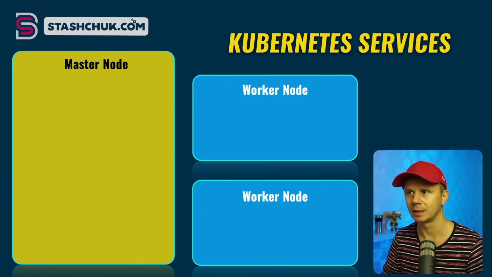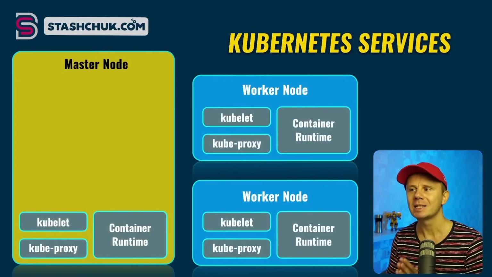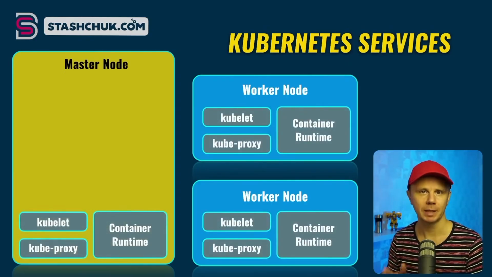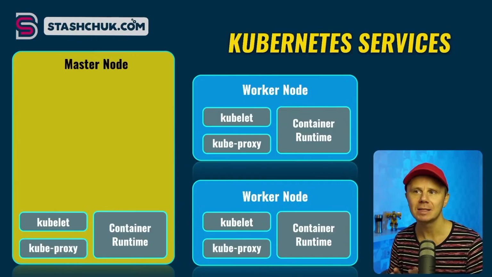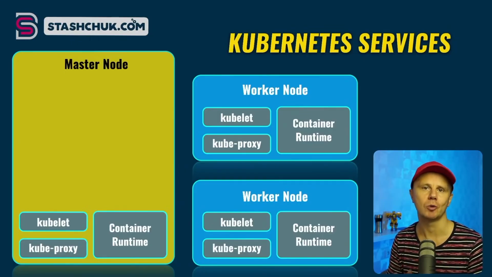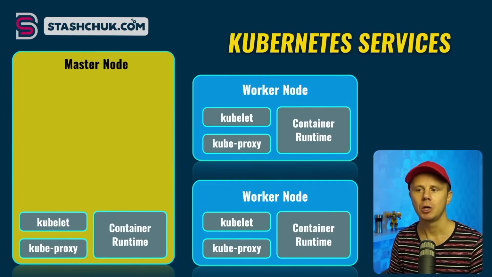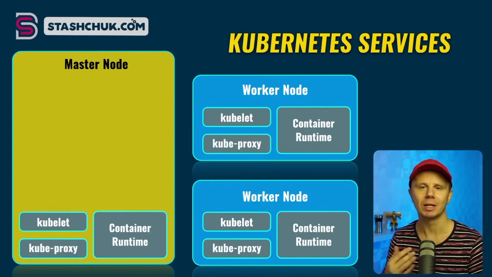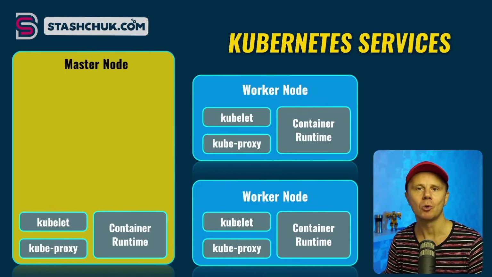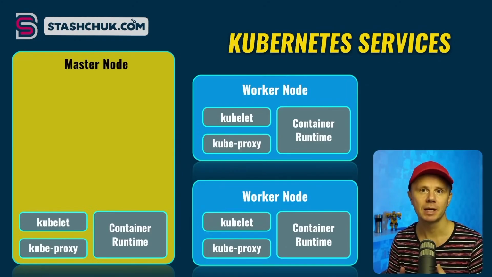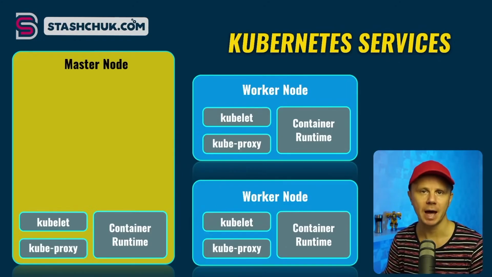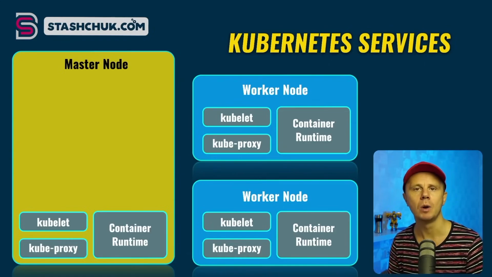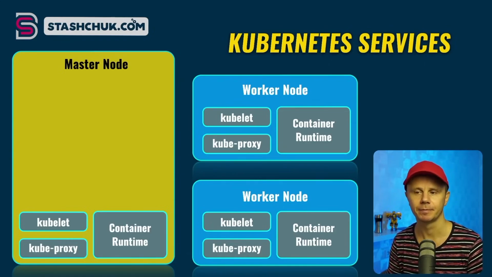So, which services actually run on different nodes? Let's have a look at this diagram. There are such services as kubelet, kubeproxy, and container runtime, and those services are present on each node in the Kubernetes cluster. You already know what a container runtime is. Container runtime runs actual containers inside of each node. And there are such container runtimes as Docker, CRI-O, or Containerd.